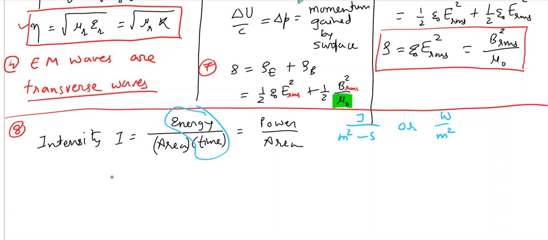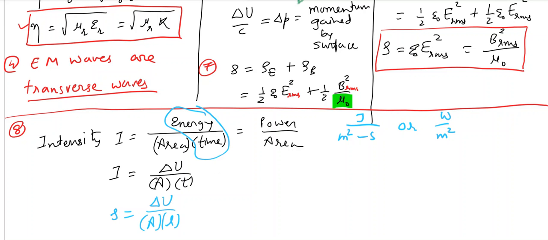Now if I take I as delta U upon A into T, we know that energy density rho is delta U upon volume, that is area into distance.